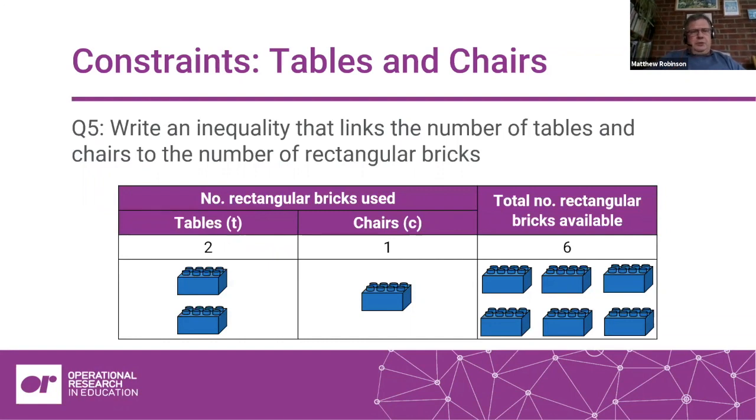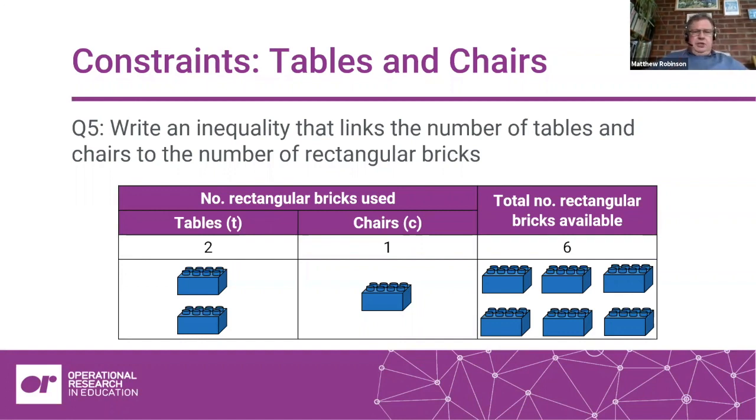If you want to do this, I will give you the answer in just a few seconds. But what I want to do is write down an inequality that links the number of tables and chairs to the number of rectangular bricks. So what do I mean by that? If you remember, for each table that we produce, we use 2 of the rectangular bricks.